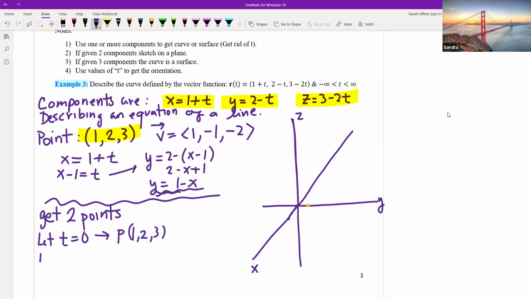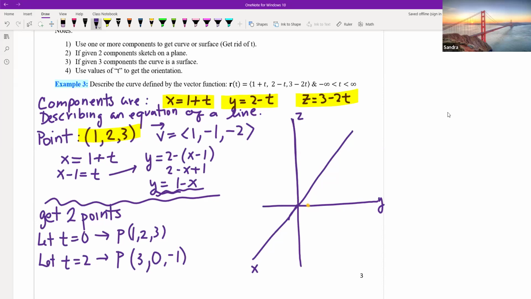And then let t be equal to 2. If I plug it into the same equations, x will be 3, y will be 0, and z will be -1. So I have two ordered triples, and so I can graph them.